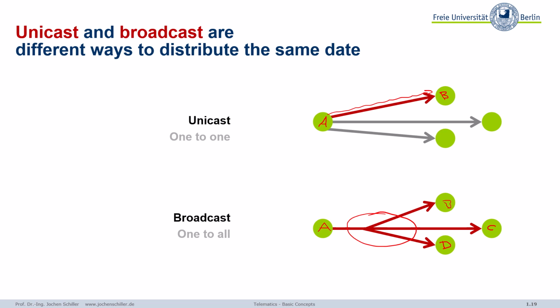So you see, although this looks pretty simple, unicast, broadcast, this means different things to the underlying network. Broadcast, well, that's a common scenario. I mean, if you have a TV station or radio station, because then the electromagnetic waves propagate through space to all receiving stations. So that space is a natural broadcast medium.